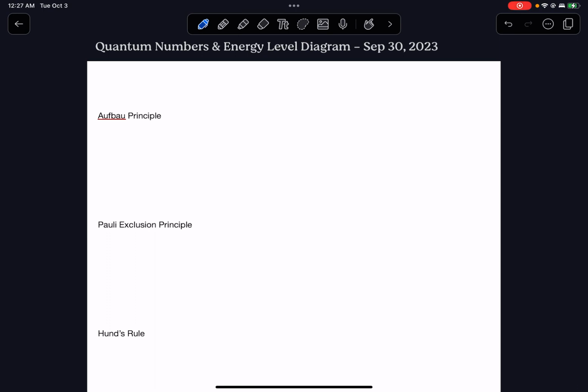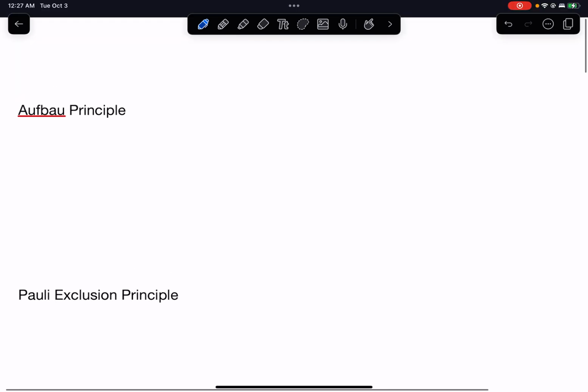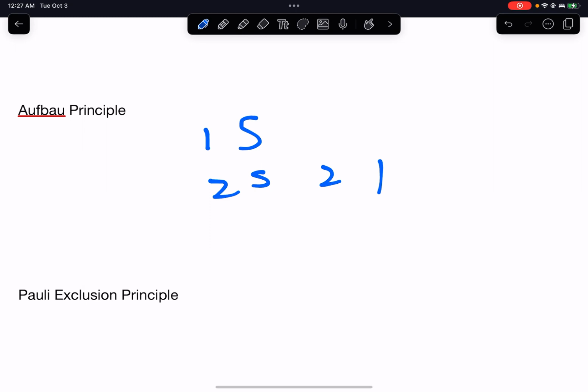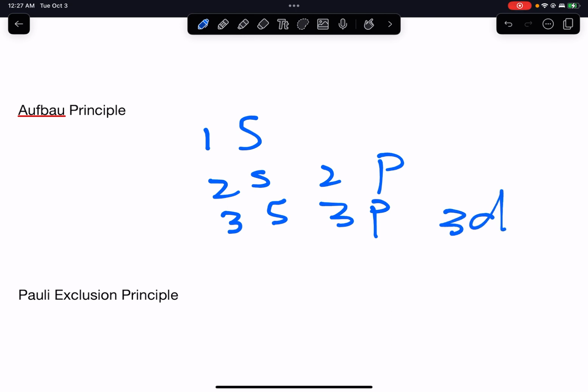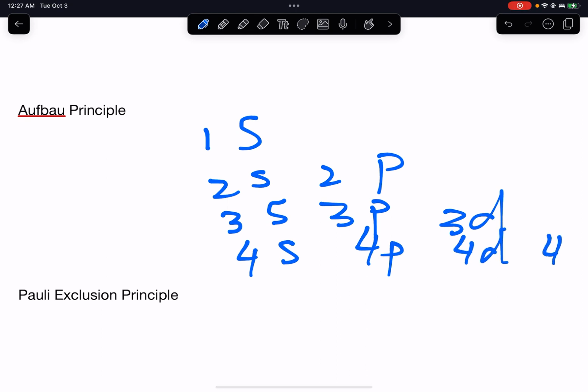First things first, we have the Aufbau principle, which is the theory that an atom is built up by the addition of electrons. Let's say, for example, we have 1s, 2s, 2p, and 3s, 3p, and then there's 3d, 4s, 4p, and then 4d, 4f.